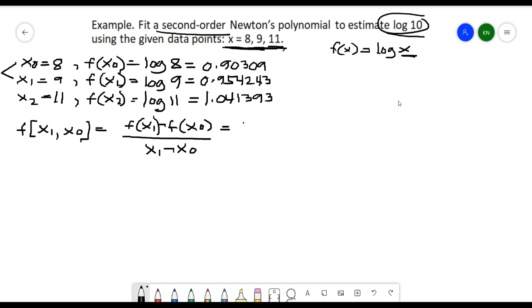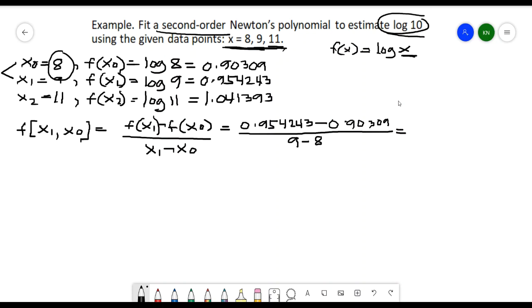So we have 0.954243 minus the value of our f of x sub 0, which is 0.90309. Divide that by the original values of our x sub 1 and x sub 0, so we have 9 minus 8.